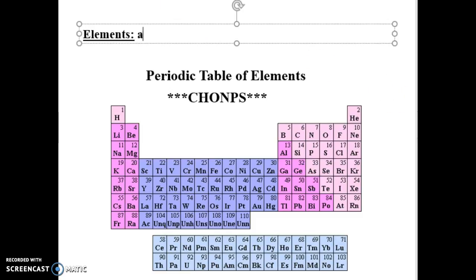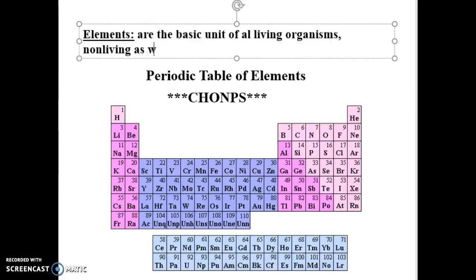Elements are the basic unit of all living organisms. Non-living organisms, or not organisms, but non-living entities, let's call it that, as well.